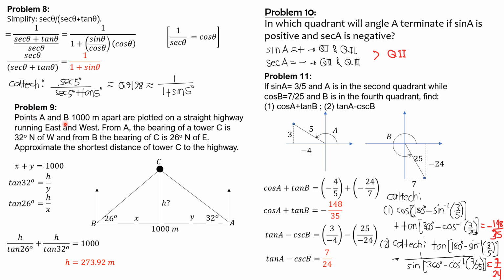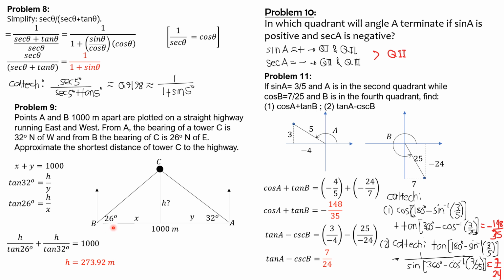Problem 9, points A and B, 1,000 meters apart, are plotted on a straight highway running east and west. So from A, this is the straight highway, 1,000 meters, we have 2 points on the highway.